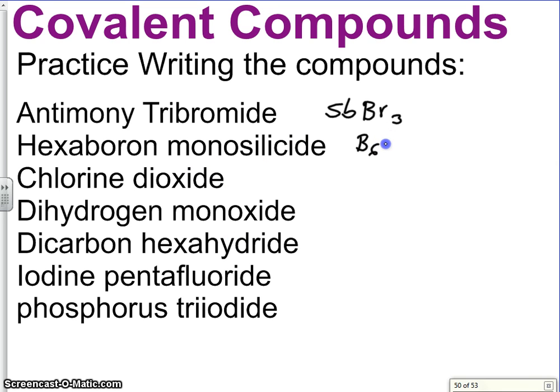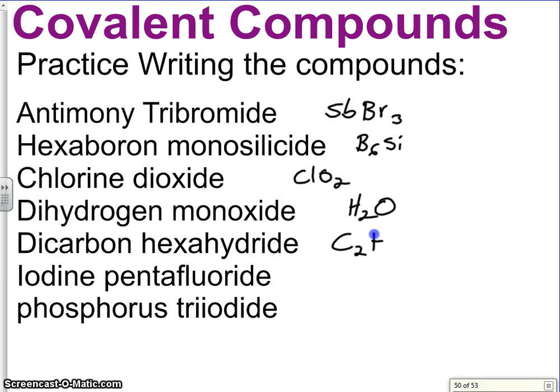Monosilicide tells me 1 silicon. Okay, chlorine dioxide. 1 chlorine, because there's no prefix. Oxide, 2. Dihydrogen means 2 hydrogens. Monooxide or monoxide means 1 oxygen. Hey, there's water.